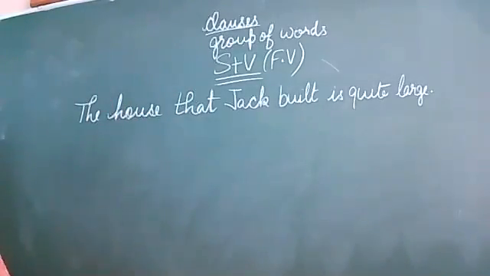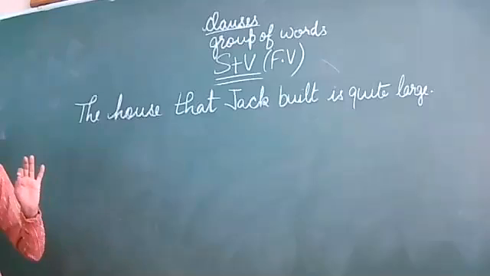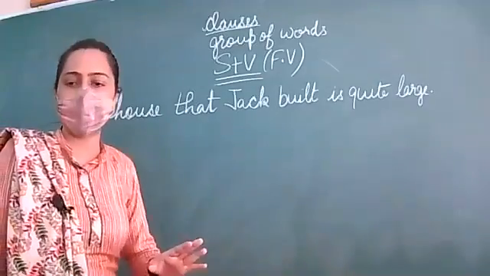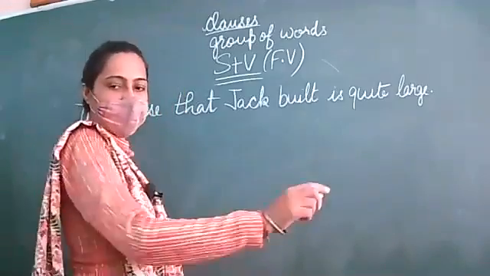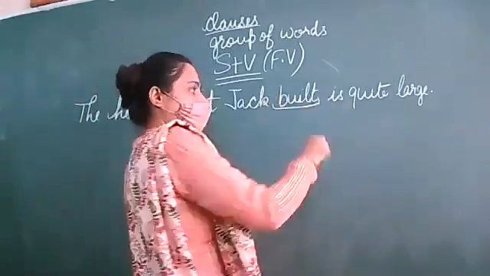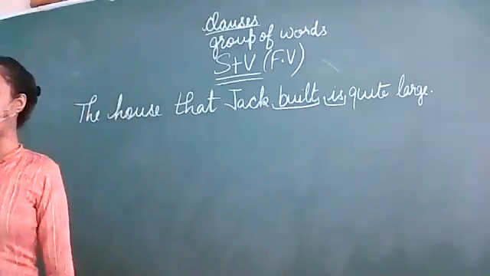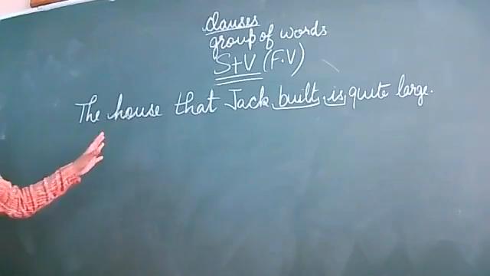The house that Jack built is quite large. Now, first thing, identify the verbs and just tell me the verbs only. I'm just asking about the verbs. Only verbs. Okay, Vedanti, correct. Built, is. So, two verbs. Now, your next thing is, can you figure out the conjunction?